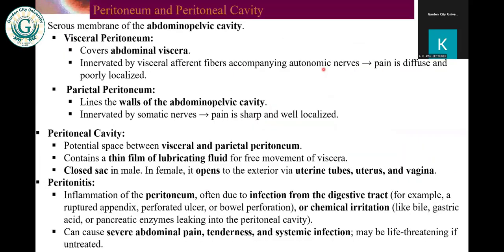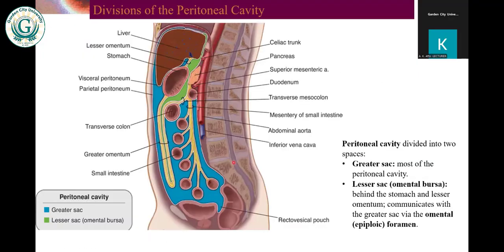We also looked at the serous membrane lining the abdominal cavity, the visceral peritoneum and the parietal peritoneum. We looked at the space between the two, being the peritoneal cavity, and the fact that it's closed in males and open in females. We talked about peritonitis, which is inflammation of the peritoneum, a life-threatening condition.